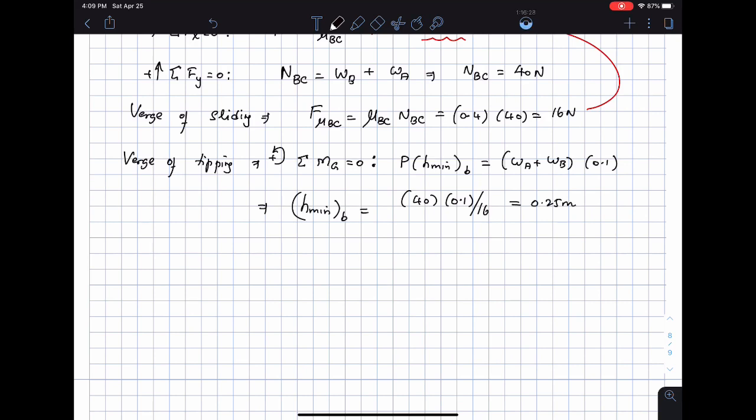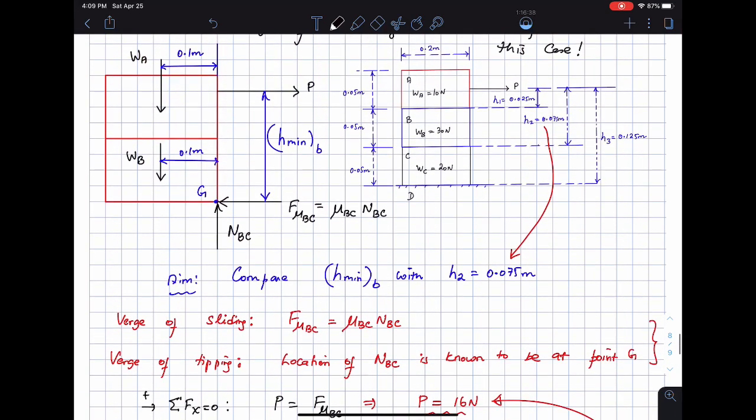Okay, so which tells me that H minimum B is 0.25 meters for A and B to tip together as a unit, but I see from the figure that H2 is 0.075 for the location of the force P based on information given to me.